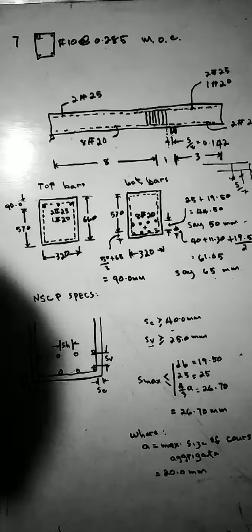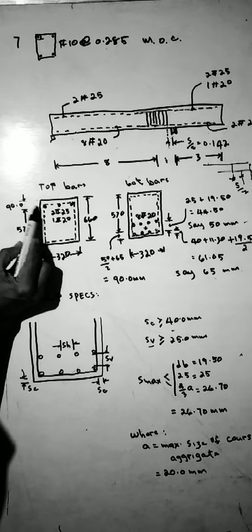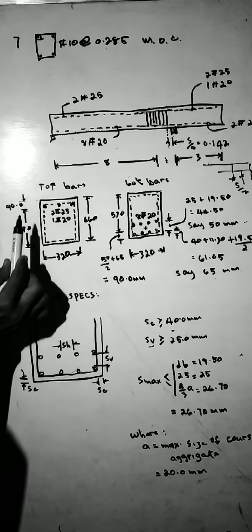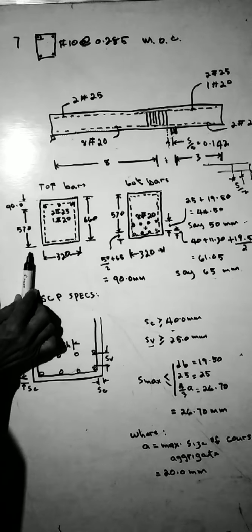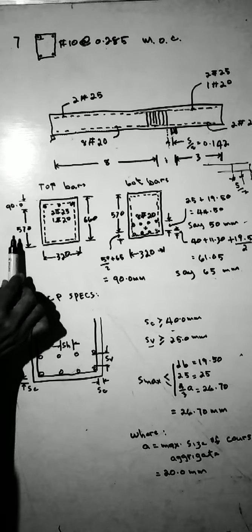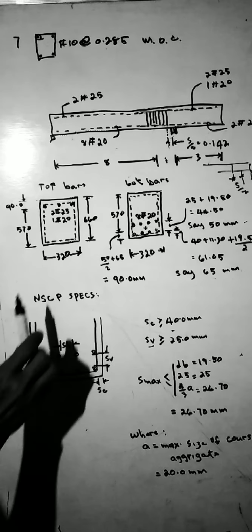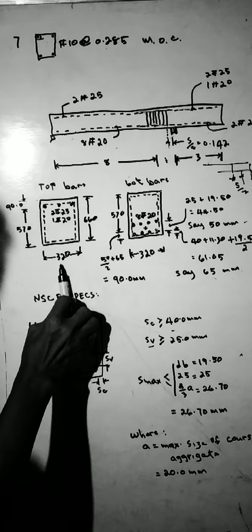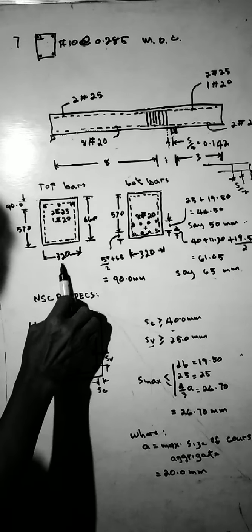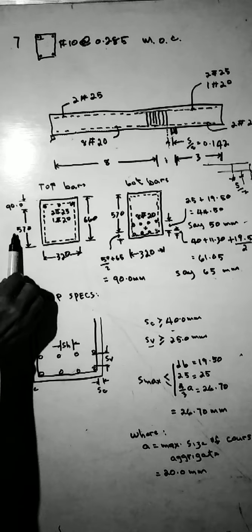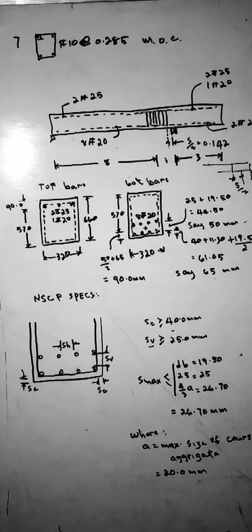For the top bar, this is also 90 here. And from here to the bottom of the beam, that is 570. The base is 320. All in all, the vertical dimension of the beam is 660: 90 plus 570, 660.